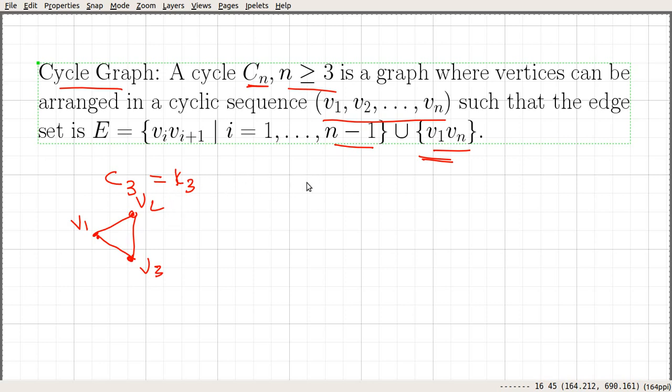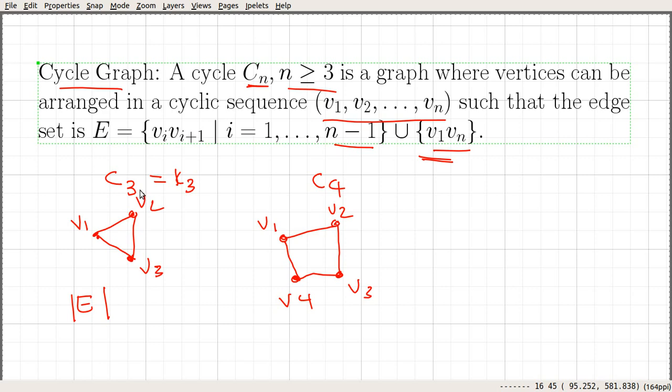Let's look into one more example, C4. By definition we have four vertices. Let me call them v1, v2, v3, v4. Let me introduce the edges. There will be an edge between v1 and v2, v2 and v3, v3 and v4, and the final edge from v4 to v1. So this is how a C4 looks. Again let's count the number of edges.